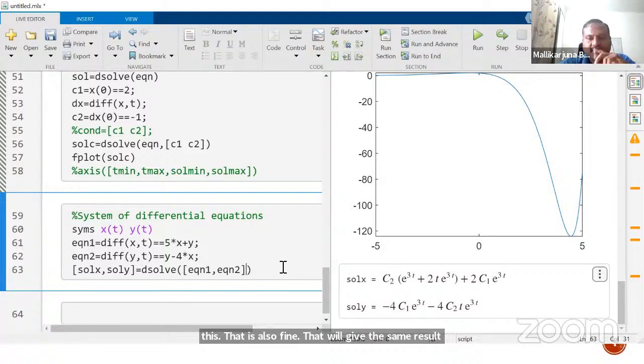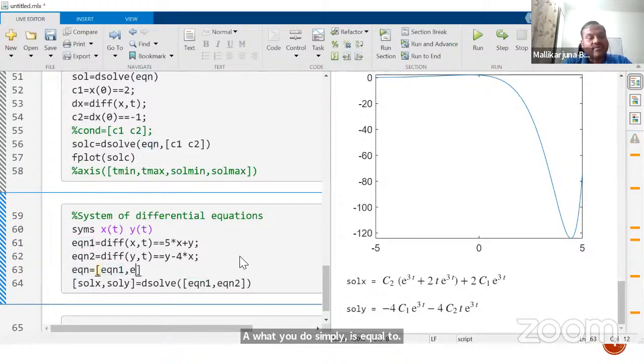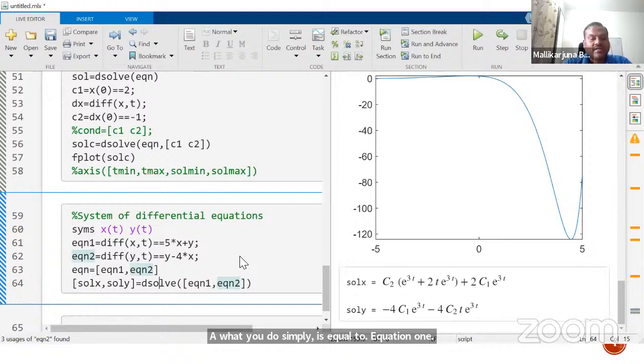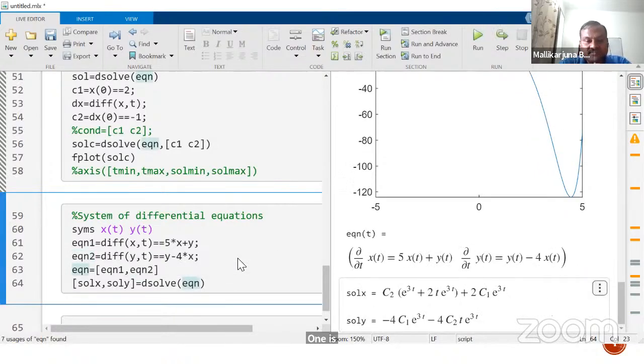Within brackets, the equations. Or what you can do, simply equation is equal to equation 1, equation 2. You can take that simply as EQN. Either one is fine. That will give the solution like this.